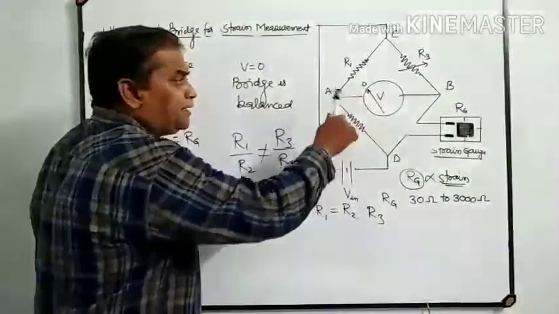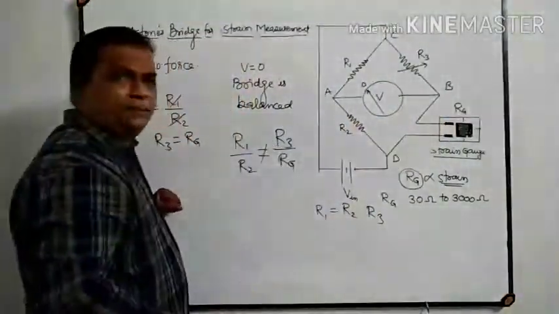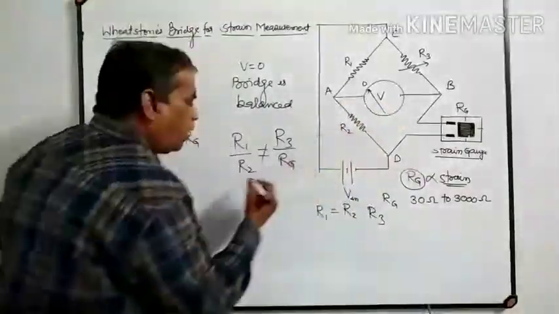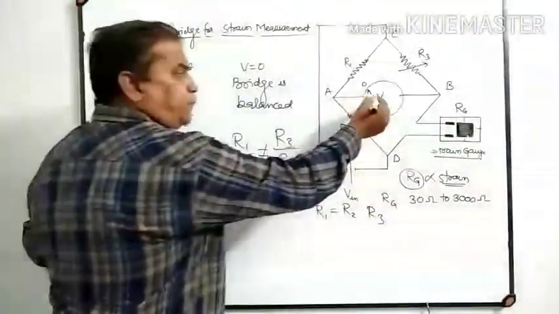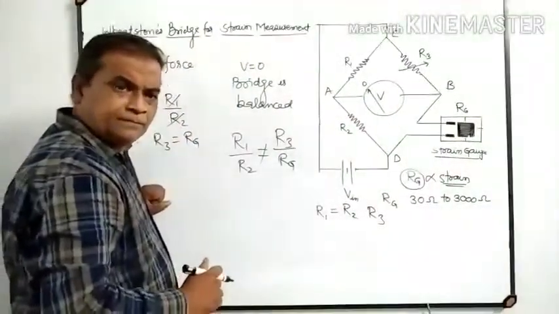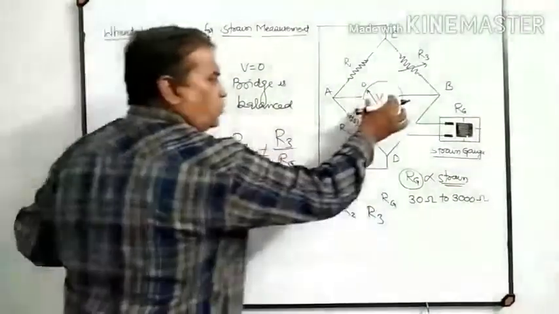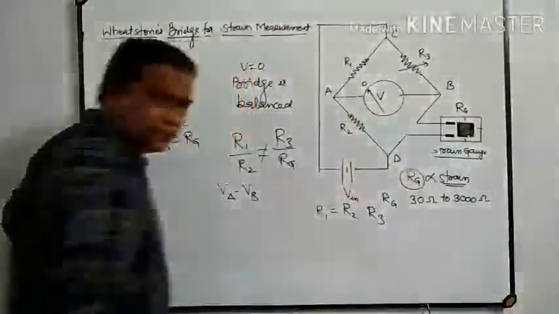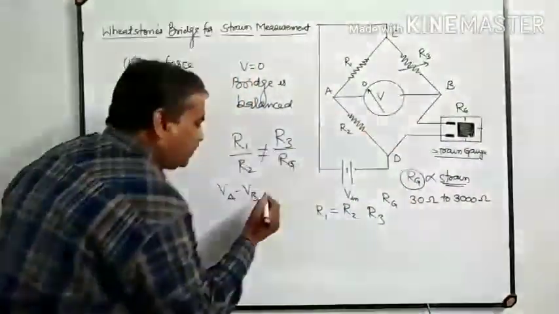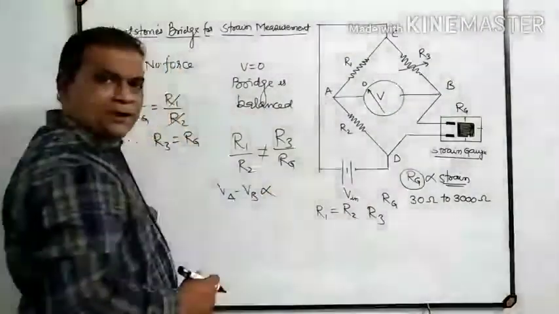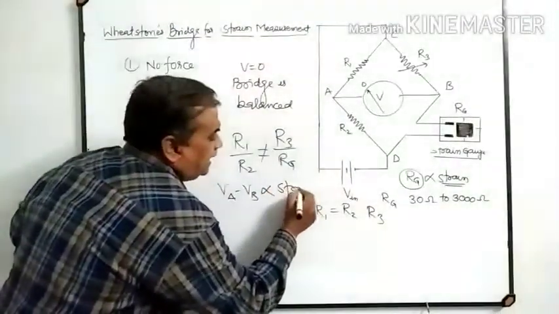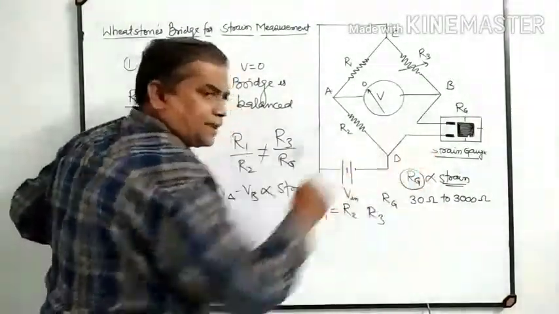Why does it show some deflection? Because there is some potential difference. The deflection of the voltmeter, that is VA minus VB, because a voltmeter is used to measure potential difference, is directly proportional to the strain applied to the strain gauge.